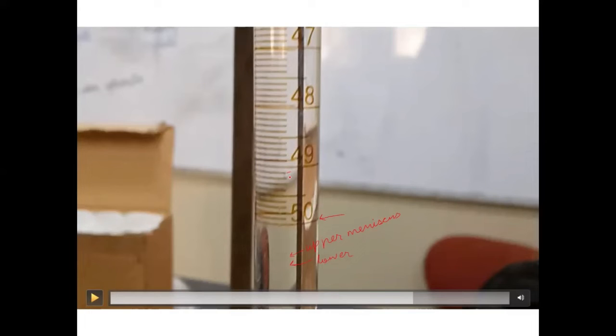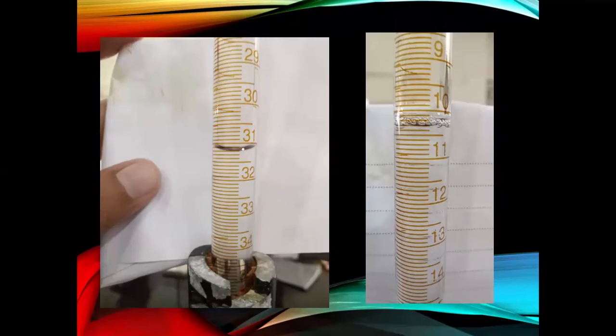So how many divisions are there? 1, 2, 3, 4, 5. So that would be 0.5. So the minimum reading that you can observe here is 0.1, which I have told you is the least count of the burette.